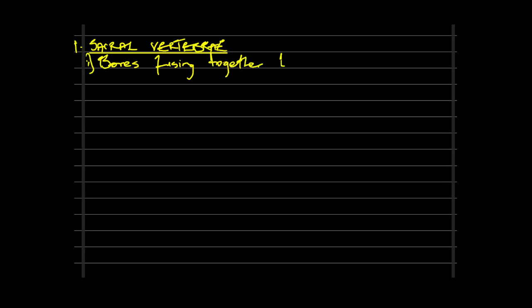The characteristics of the sacral bones, the sacral vertebra, are listed as follows. 1, we have the bones that are fused together to form the sacrum.